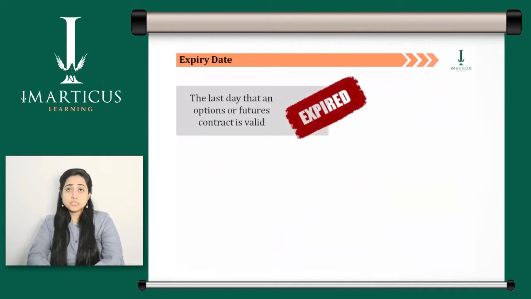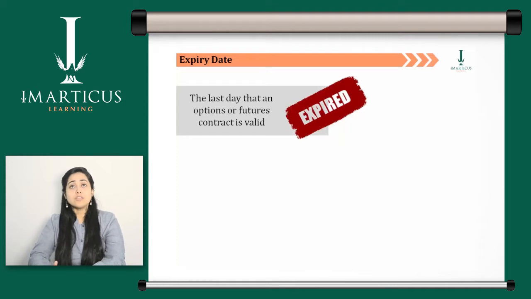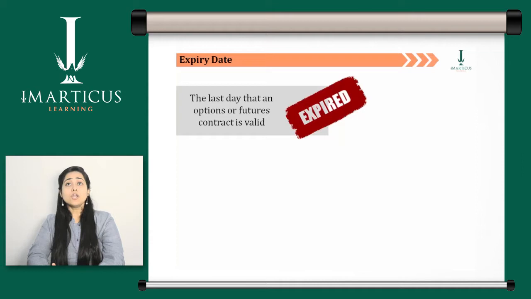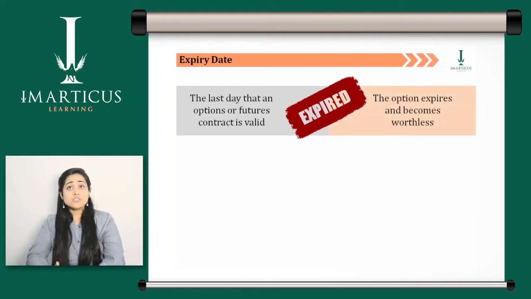Expiry date is the last date that an options or futures contract is valid. When an investor buys an option, the contract gives them the right, but not an obligation, to buy or sell an asset at a predetermined price called a strike price within a given period, which is on or before the expiration date. If the investor chooses not to exercise that right, the option expires and becomes worthless, and the investor loses the money paid to buy the option.